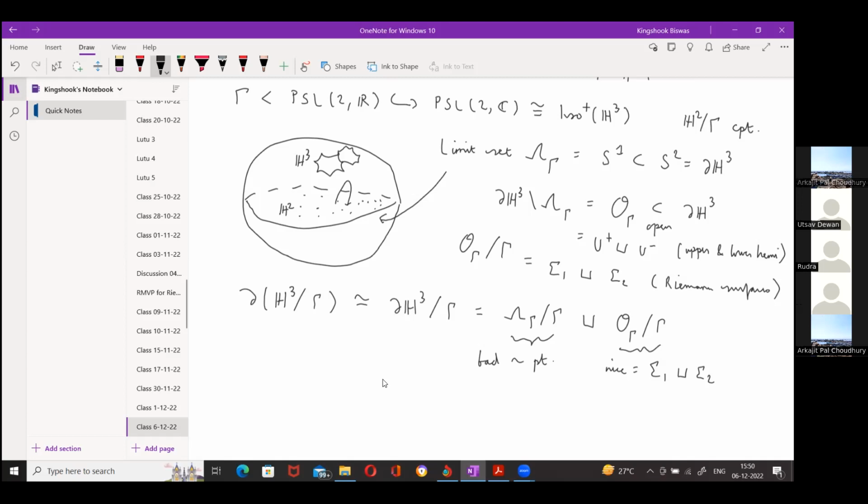Does that make sense? Because the gamma action commutes with the Laplacian, right? So if the boundary function is gamma invariant, then the harmonic extension will also be gamma invariant. So you get a harmonic function on the quotient, exactly.